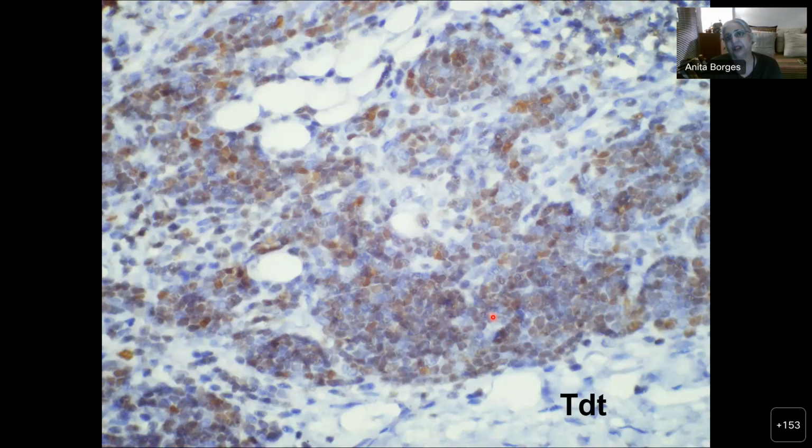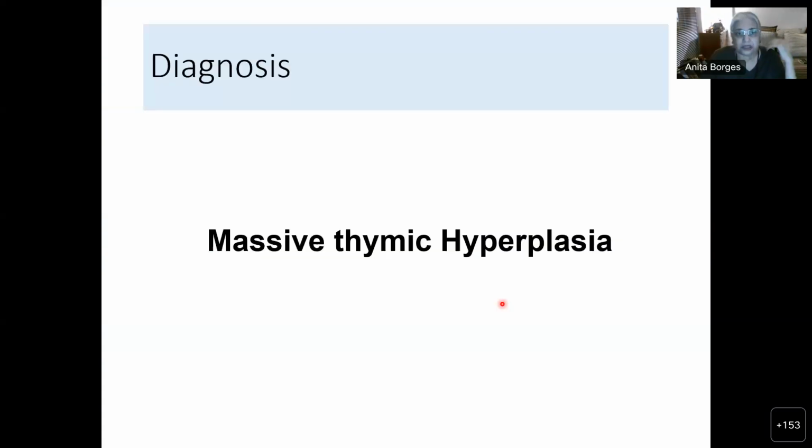Okay, so what we have over here is thymic hyperplasia, but I'm glad that we have this thymic hyperplasia because I could show you the normal distribution of lymphocytes in the thymus, the normal structure of the thymus. Okay, so this is massive thymic hyperplasia.